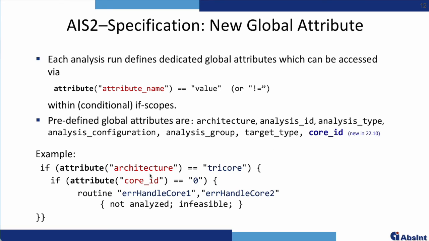When we have a project which is for the TriCore architecture, then we could check if we are doing an analysis item where the core ID was selected to be 0. Well, then I'd like to exclude code which is core 1 and core 2 specific, right? So this can make sense to request the selected core ID option.